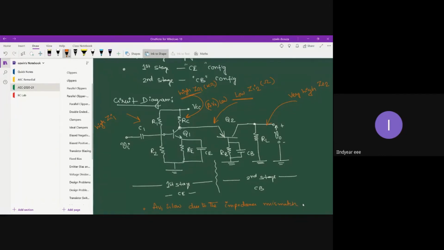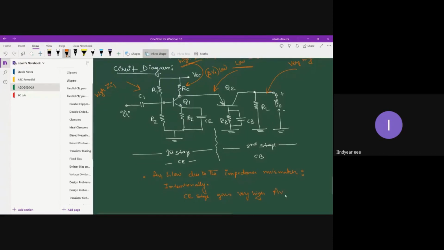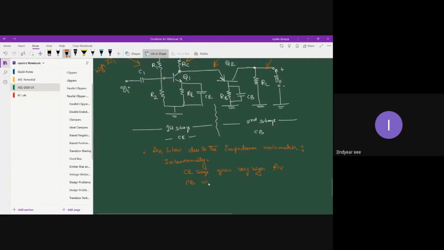Impedance mismatch. And to your surprise, this impedance mismatch is done intentionally. That's because the CE stage gives very high voltage gain, and the CB stage will also give very high voltage gain.